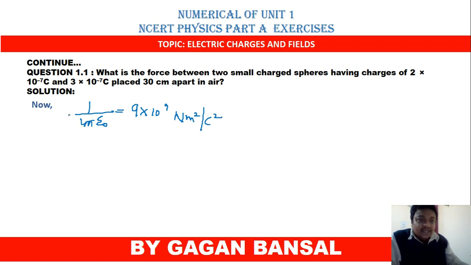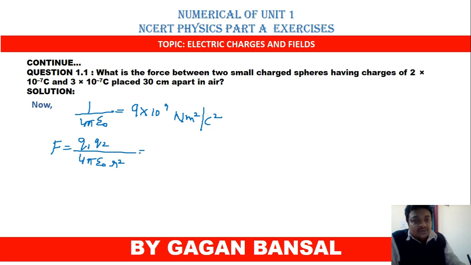So it is a constant. Putting all these values in F, why am I writing the formula again and again? Just to make you cram all these things by heart. So the formula for the electrostatic force is Q1 Q2 upon 4 pi epsilon naught r square.